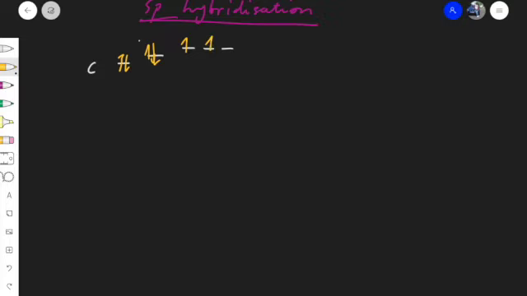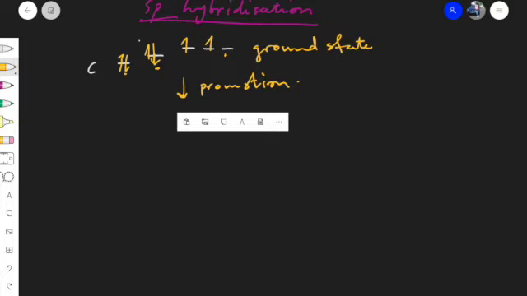So this is what it is going to look like, and this is the ground state of carbon. In the next stage we are going to have promotion, and we have already mentioned that promotion is when this 2s electron is promoted to the p orbital.